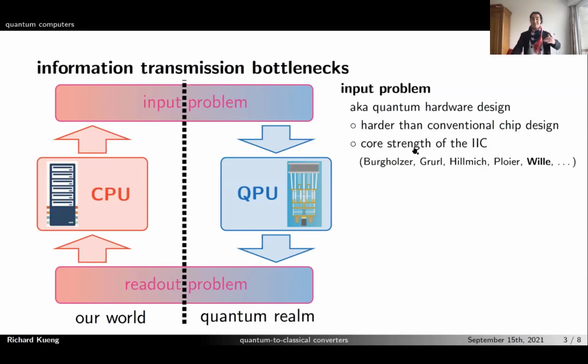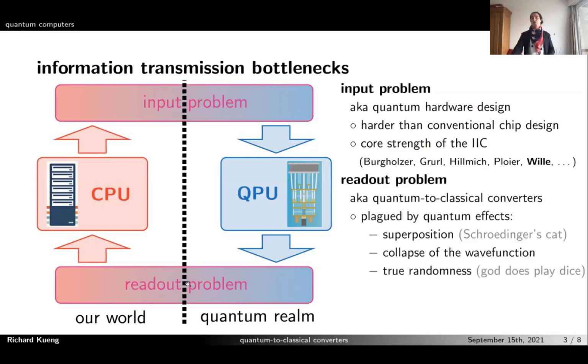If you're interested in that aspect of the information transmission problem, then please talk to my amazing coworkers, because I want to talk about the converse relation, the readout problem. How can we take the output of a quantum computation that is stored in these minute information carriers and convert it to something that makes sense to us, or at least to our computers?